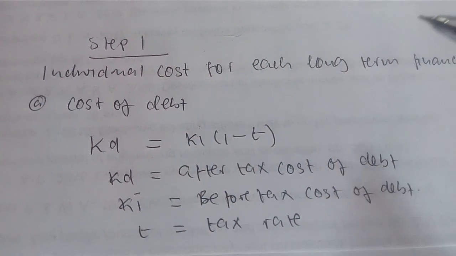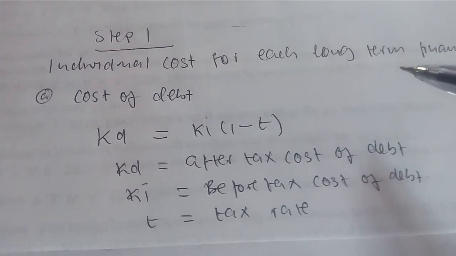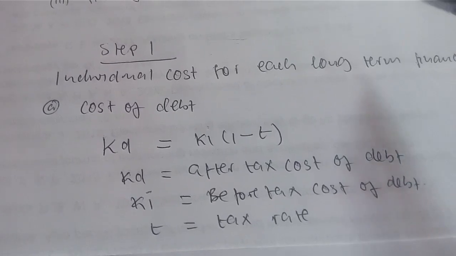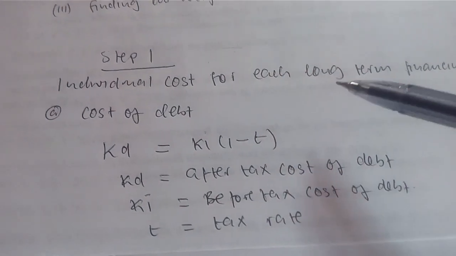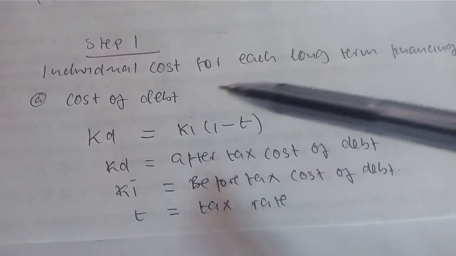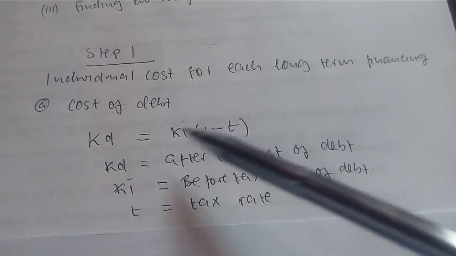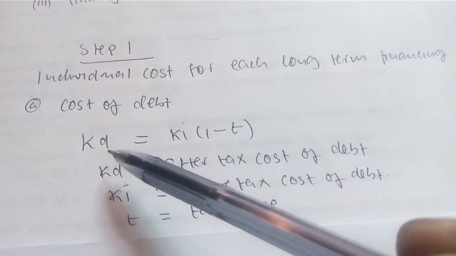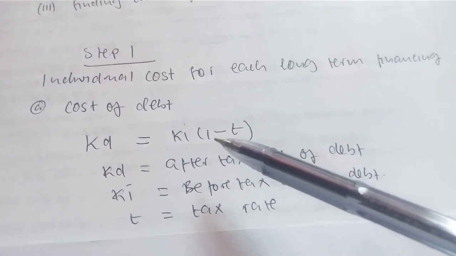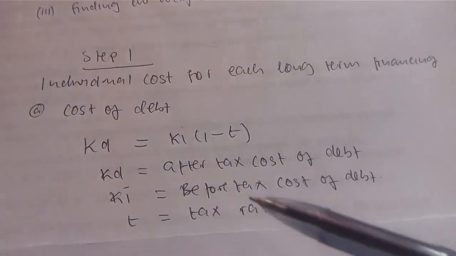So we proceed with finding the cost of debt, which is one of the components of the long-term sources of funding. The standard formula that we're going to be using when finding the cost of debt is KD equals KI(1 - T).